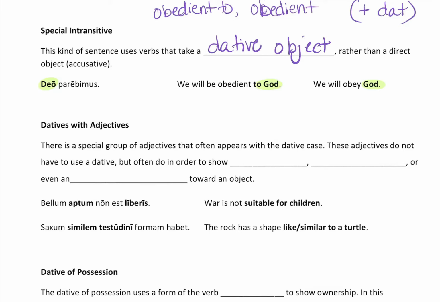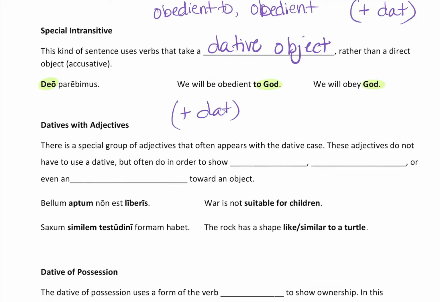All right, let's take a look again, best English sense. Let's take a look at datives with adjectives. Now, there's a special group of adjectives that often appears with the dative case. Again, in the dictionary, it'll have a plus dat, plus dative after it.